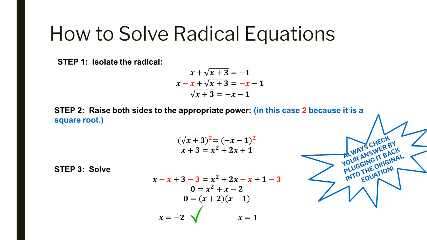But when I go back and substitute 1 back into the original equation, no matter what I do, it's never going to be equal to negative 1. That is a solution that does not work. We call those extraneous solutions. I'm sure you remember us talking about those in class, but if not, go look up extraneous solutions.